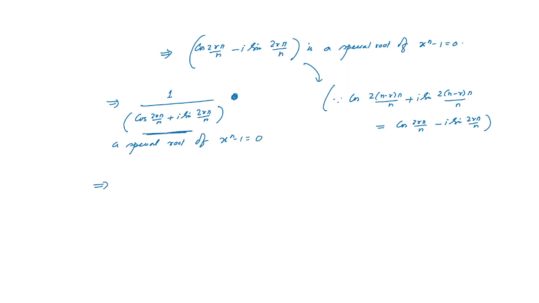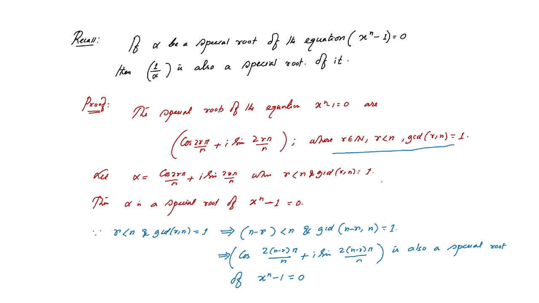That is basically our alpha. So 1 by alpha is a special root of x to the power n minus 1 equals 0. Hence, the proof is complete. So proved. What we proved: if alpha is a special root of the equation x to the power n minus 1, then 1 by alpha is also a special root.